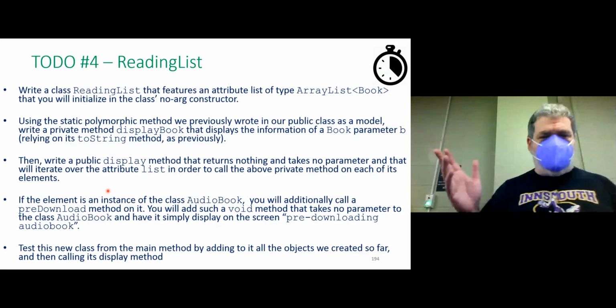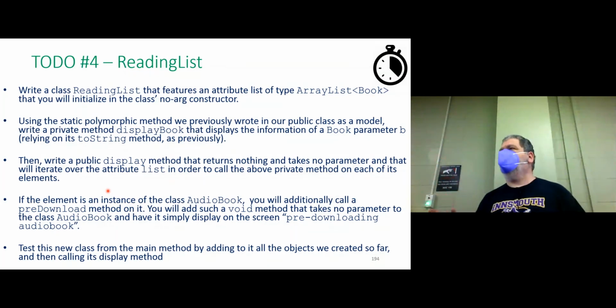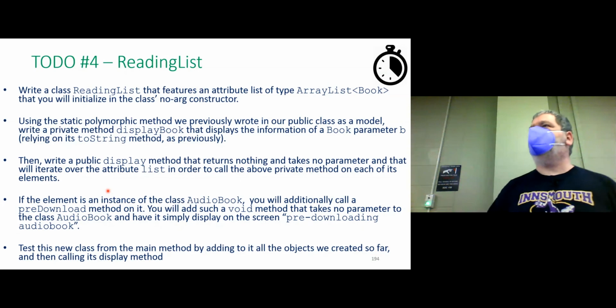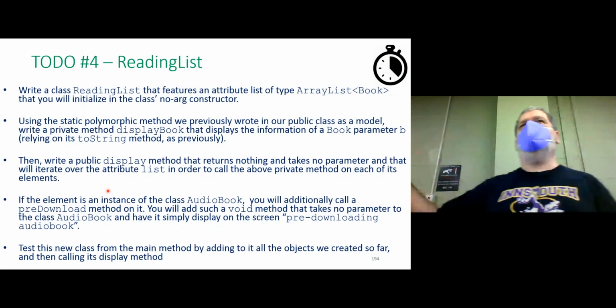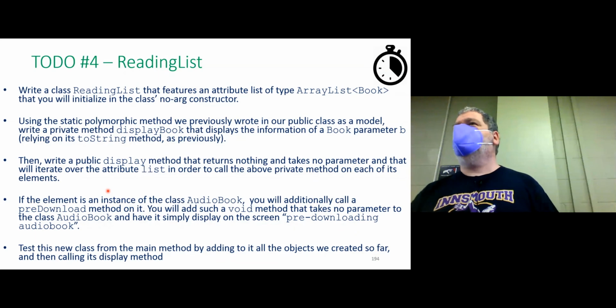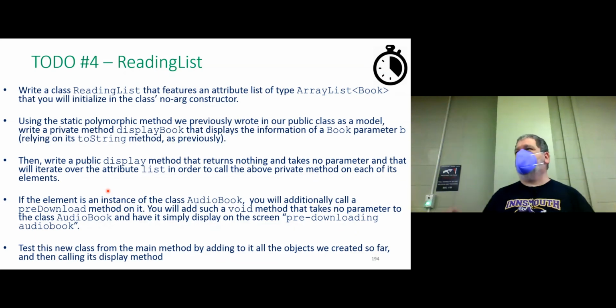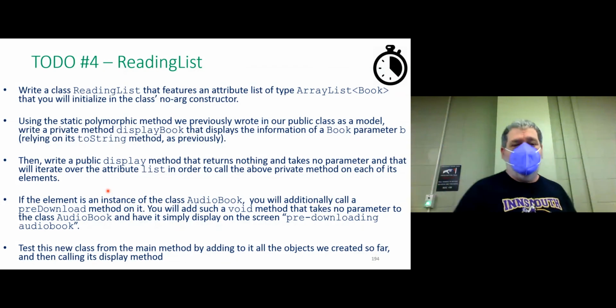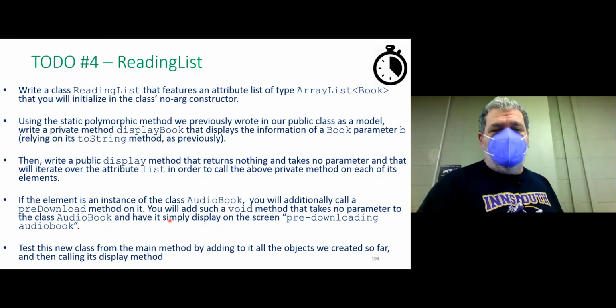We're going to call it preDownload or something like that. It's supposed to be something that you're going to call on every object of the class audiobook that's going to connect to a URL, download the MP3 for that audiobook, and that's it. We're going to simulate all this by displaying, pre-downloading the audiobook on the screen.